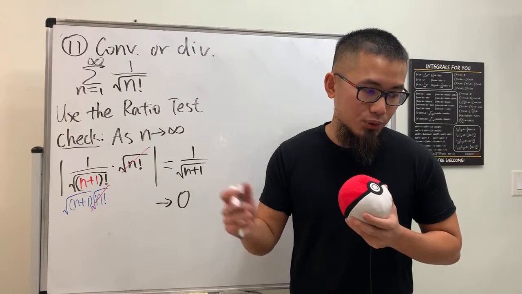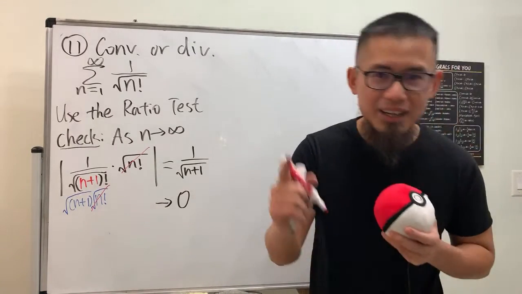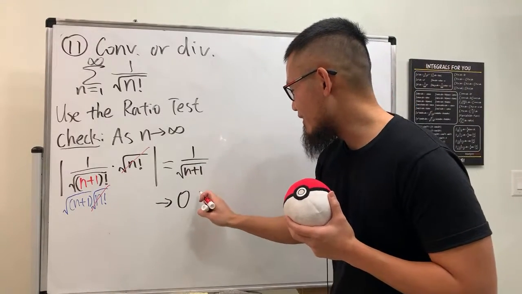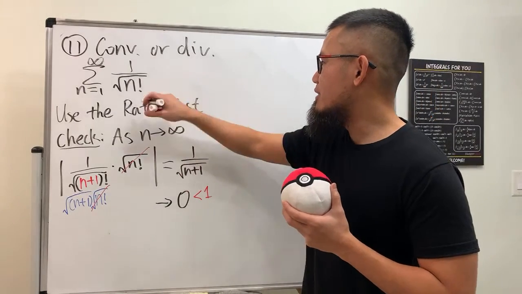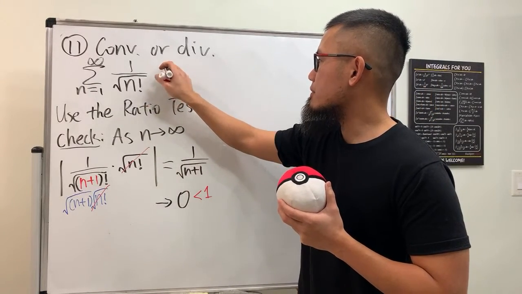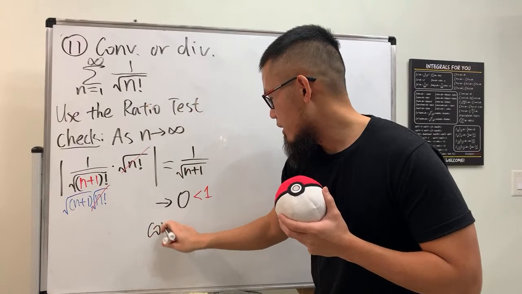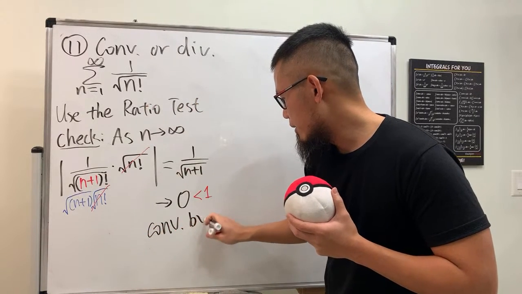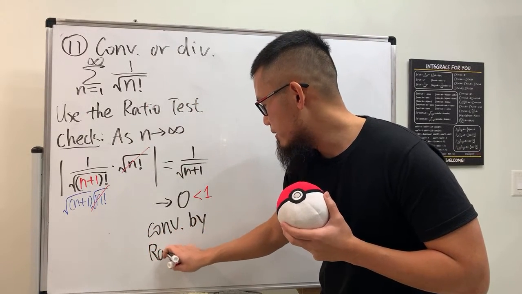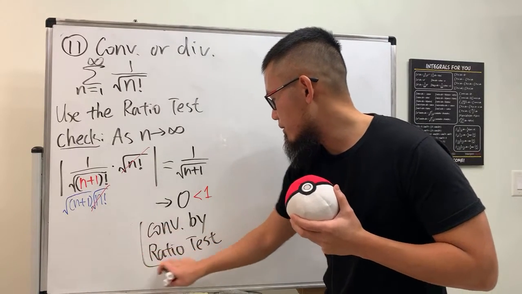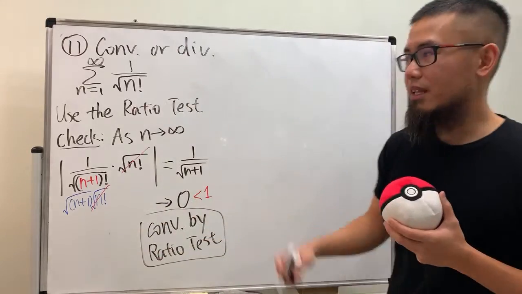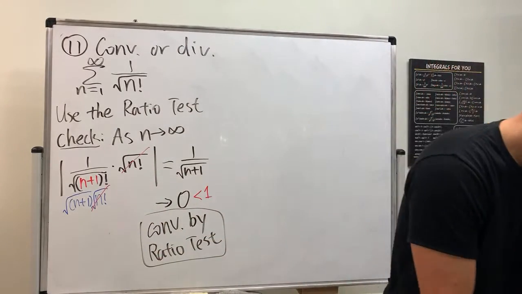Yeah, you don't just write this down 0, you actually write it down as 0 is less than 1. Very good. So you can just say this right here converges, and the reason is by the ratio test. And please do not abbreviate this as RT because the root test is also RT. So converges by the ratio test. That's it. All right. Cool.